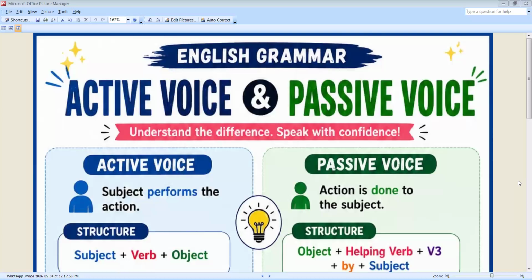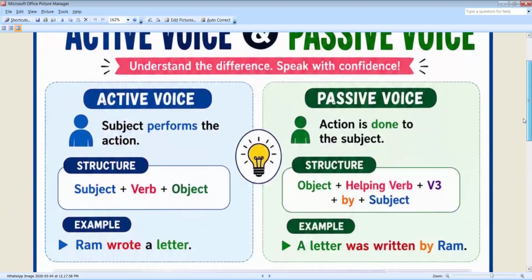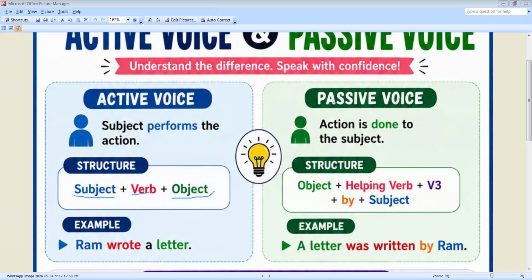So, examples. The framework of active voice is subject plus verb plus object. We know that in a sentence there are three important words that play a major role: subject, verb, object.